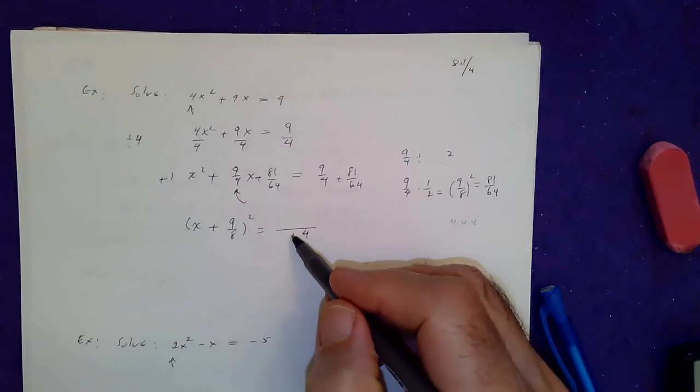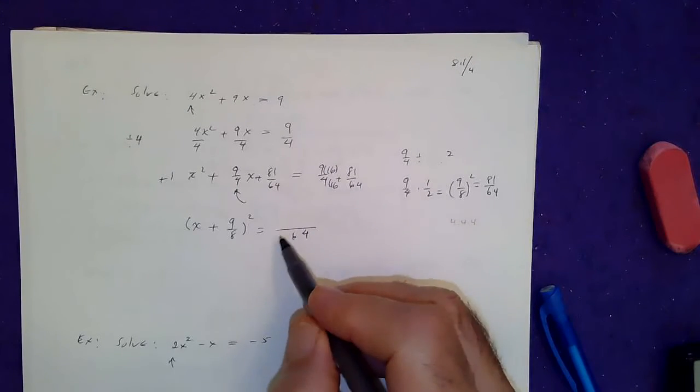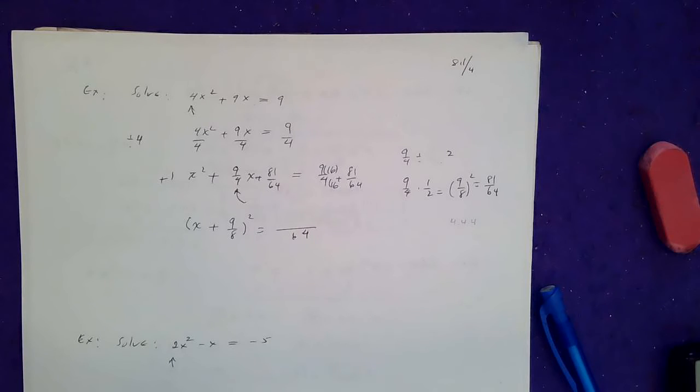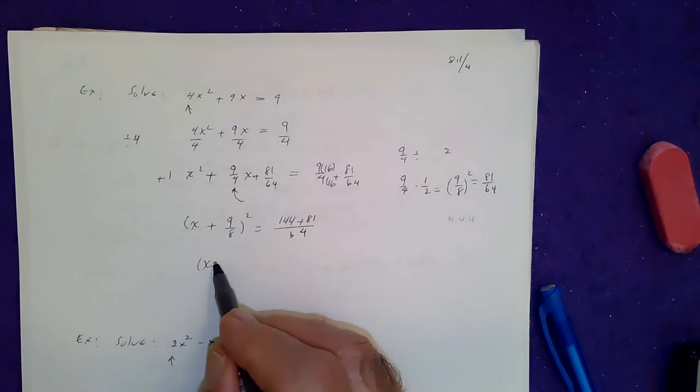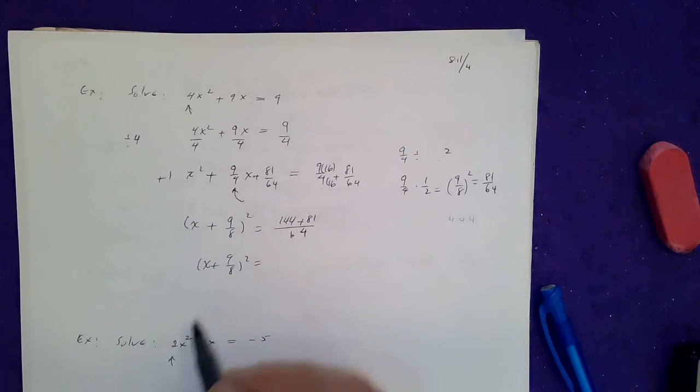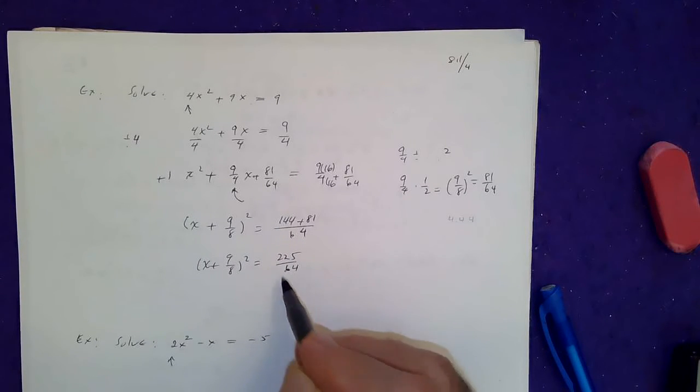So 4 goes into 64 16 times. So that would be 9 times 16, which is 144, plus 81. So that would be x plus 9 over 8 squared, correct? And that would be 225 over 64.